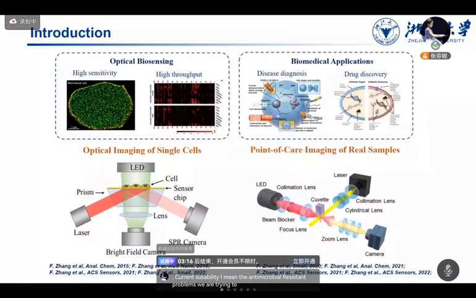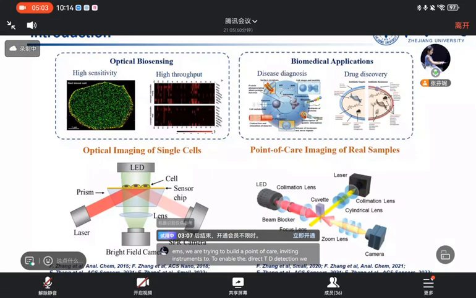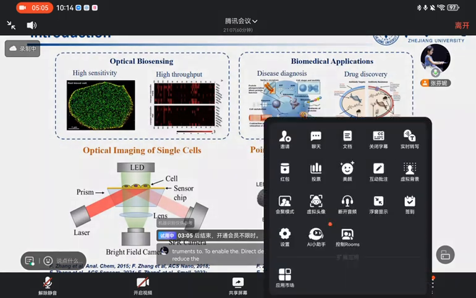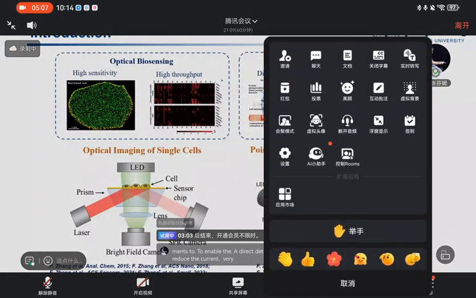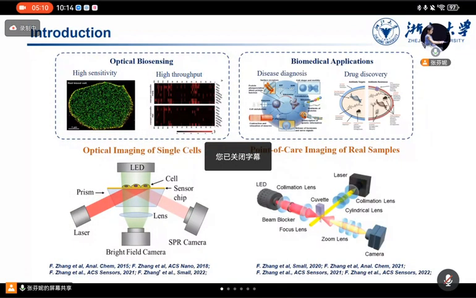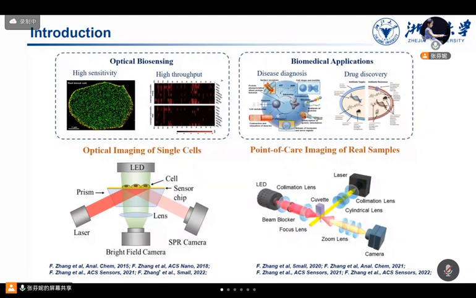We are trying to build a point-of-care imaging instrument to enable direct AST detection. We want to reduce the current very long susceptibility detection time to about 2 to 3 hours.